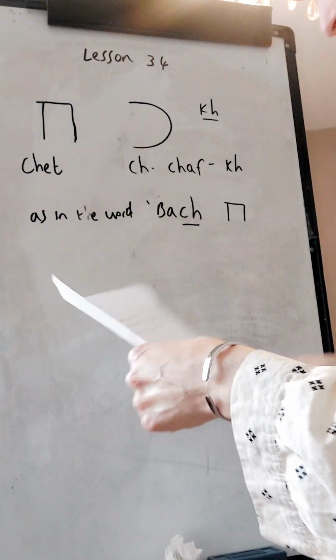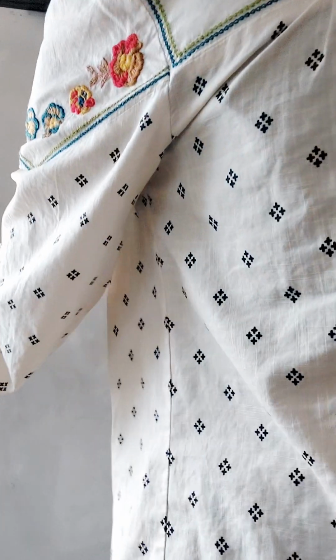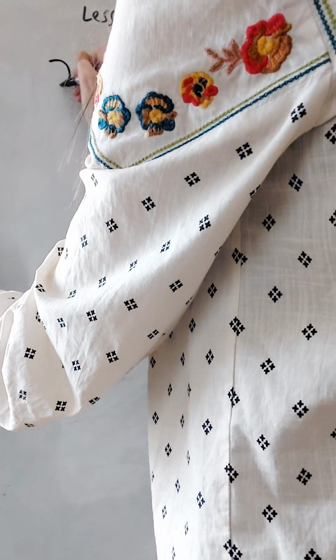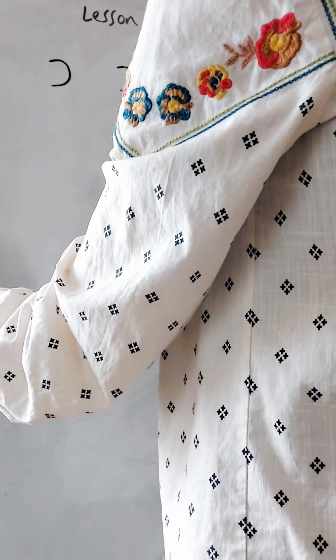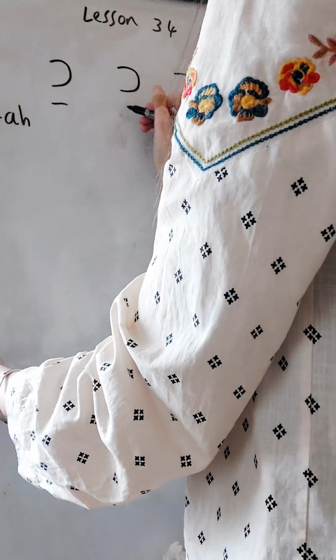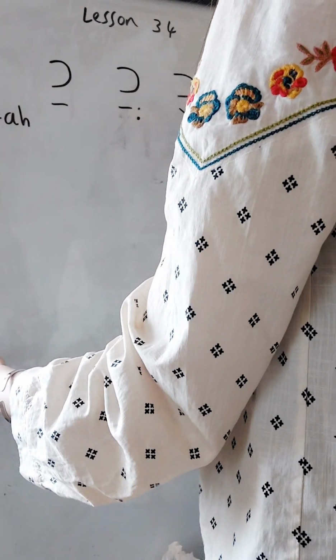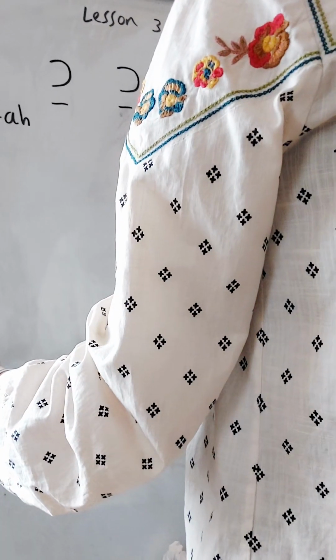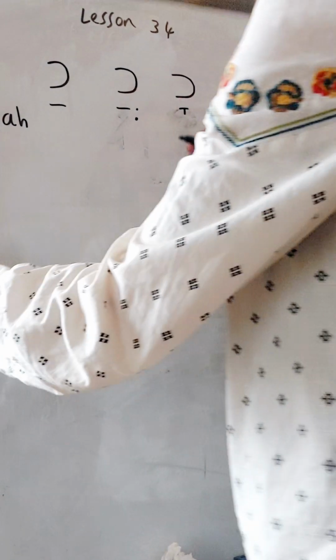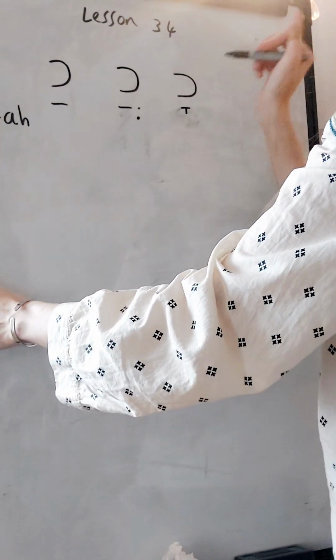Okay, so we practice the khaf with some vowels. To start with the vowel A. The A vowel sounds as A, and it's written as any one of these three symbols underneath any Hebrew letter. In Hebrew you read the sound of the letter first.